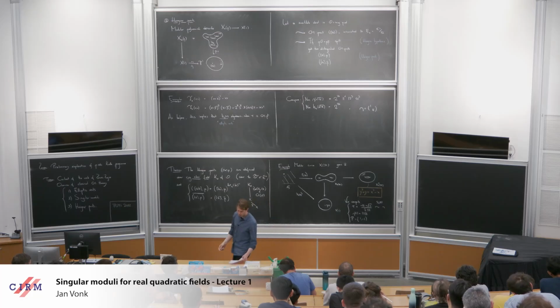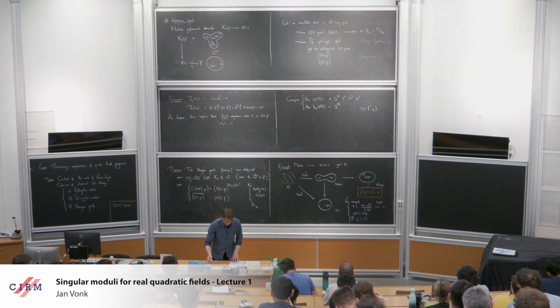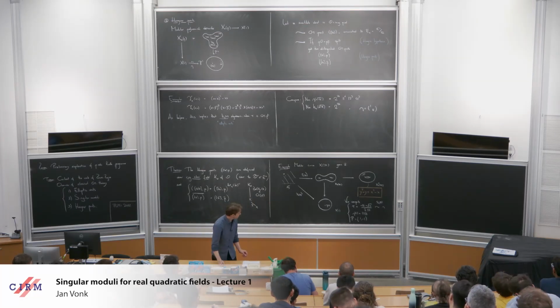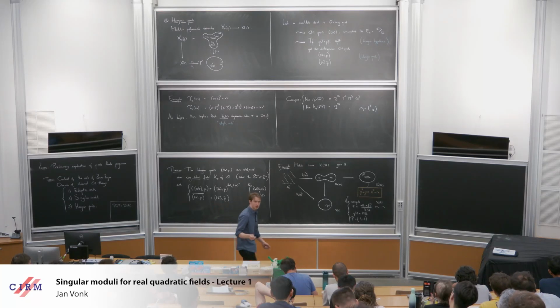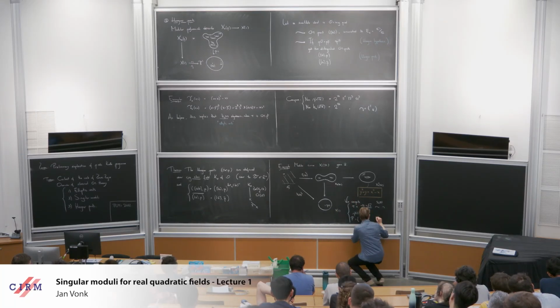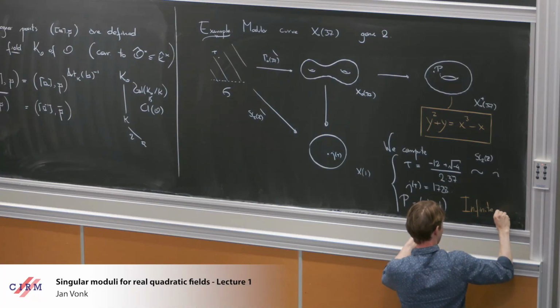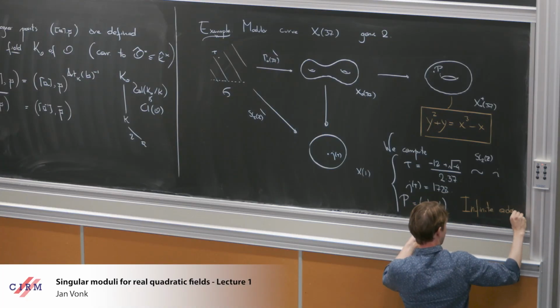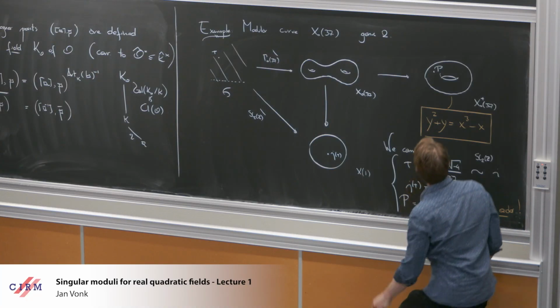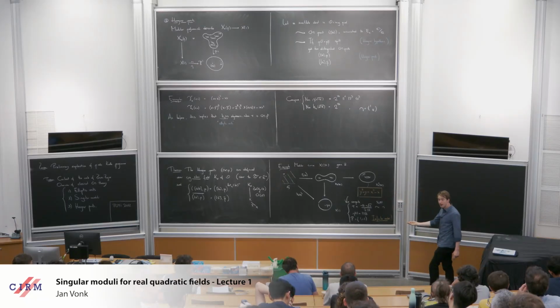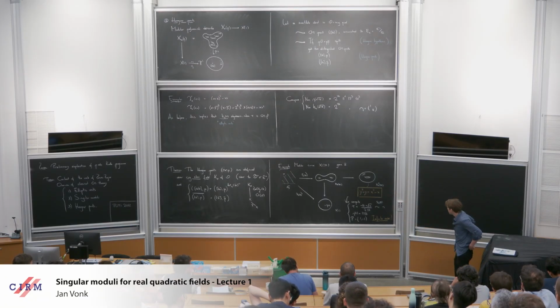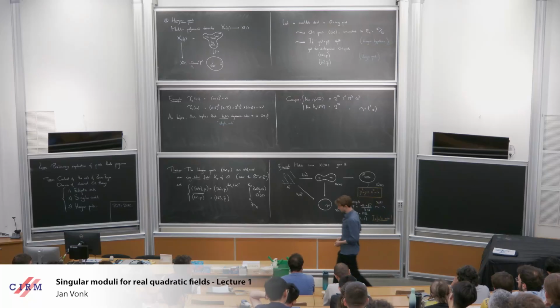But the thing that got people really enthusiastic about this kind of computation in the 60s is that this point is of infinite order. In fact, this elliptic curve over Q has rank 1, it has no torsion. And this point is like twice a generator or something. So it's of infinite order.